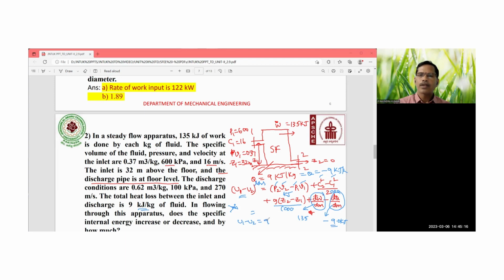After solving the numerical expression, you can get the value as 20.136 kilojoule per kg, right? This is U1 minus U2. Then what about U2 minus U1? That is the specific internal energy increase.